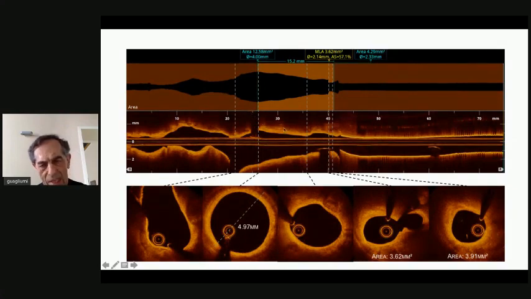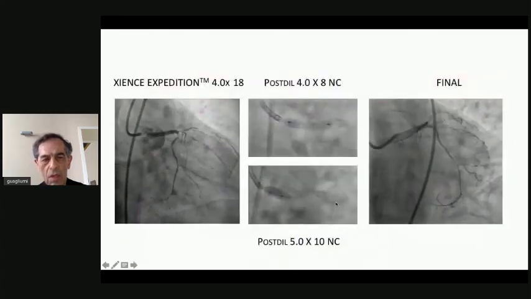Then you can see this funnel shape of the left main fully invaded by pathology that was very lipid rich. You can see the signal was attenuated clearly around the entire circumference with just this nodule of calcification.